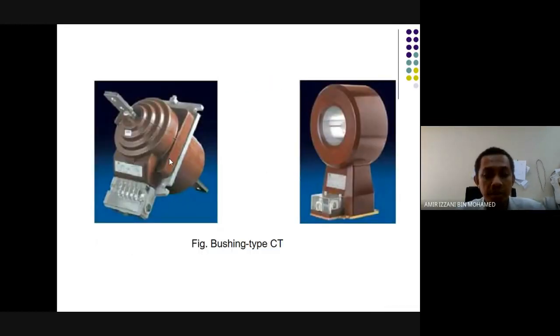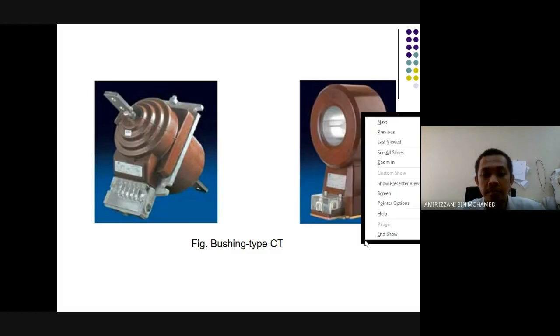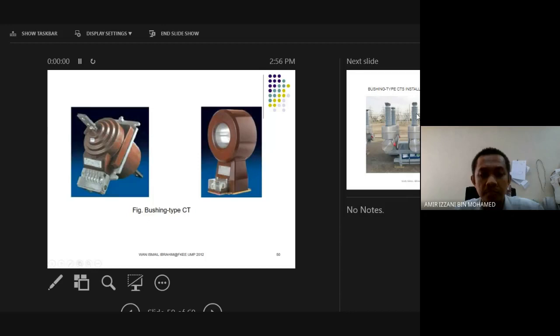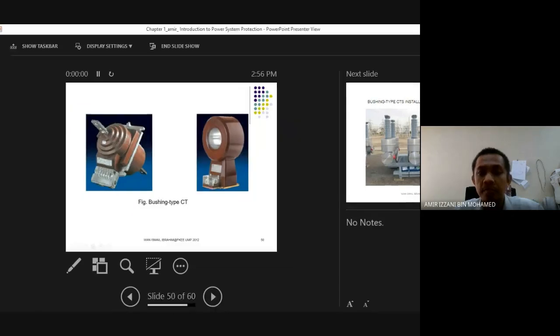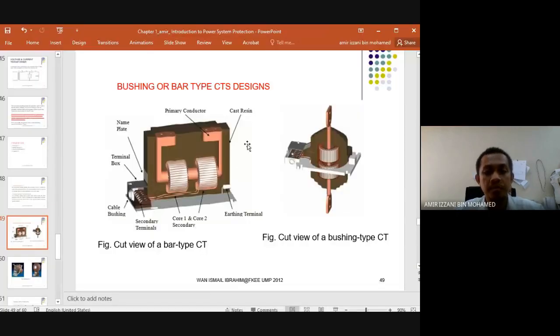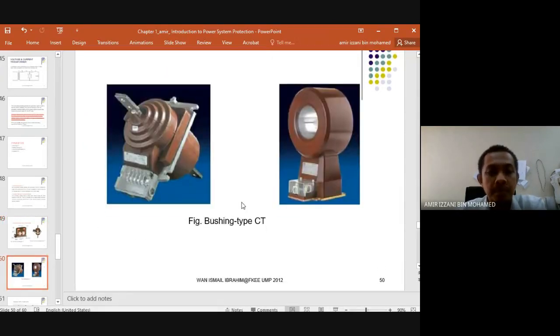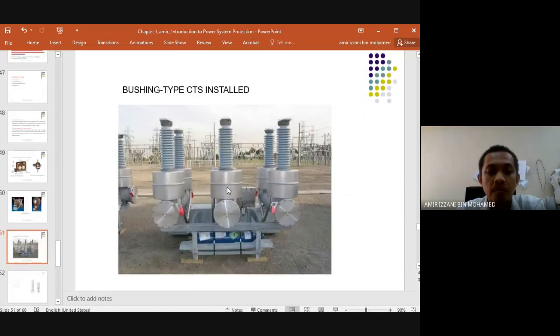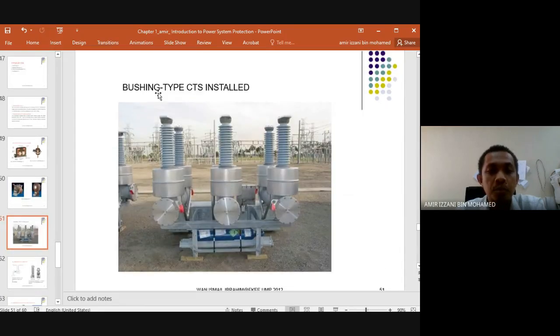Okay, this one is bushing type. Bushing type conductor, from the outside. This one is also bushing type current transformer.